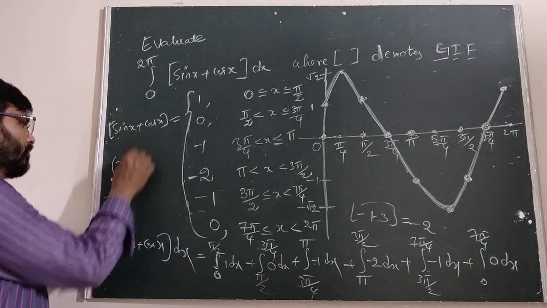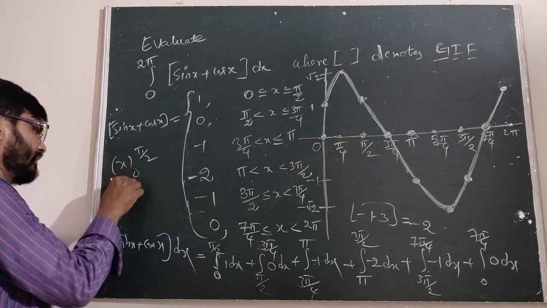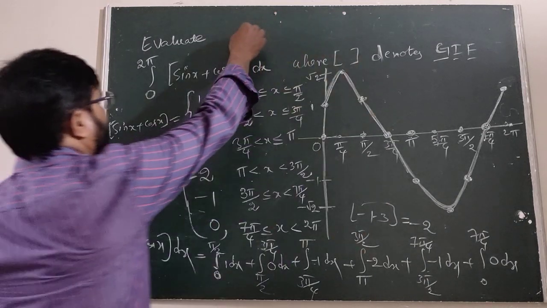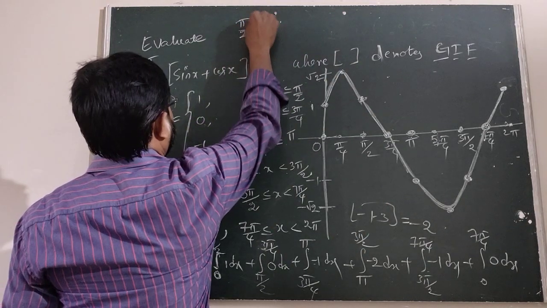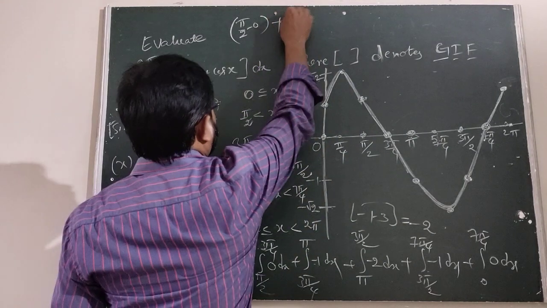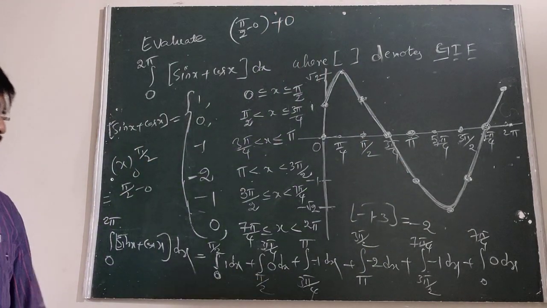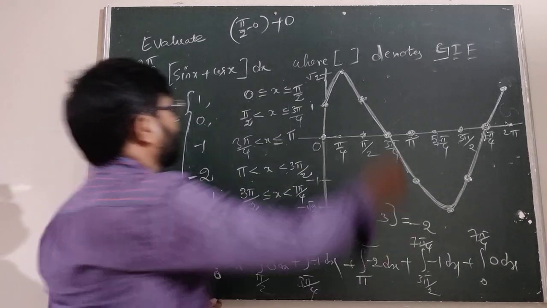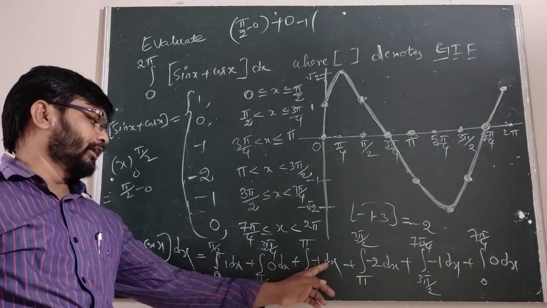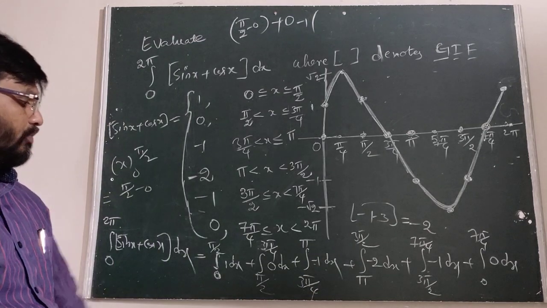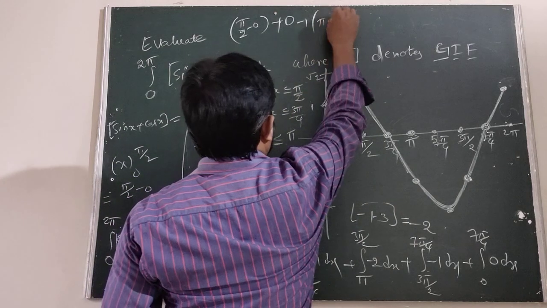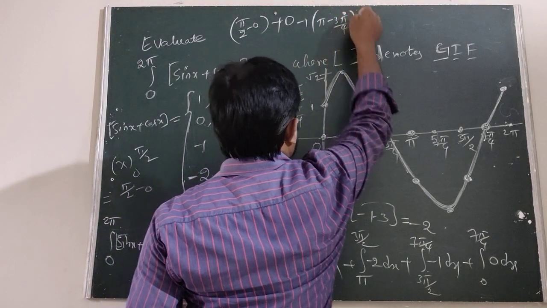Therefore, the limits of x means pi by 2 minus 0. After that, it will be 0, so 0 into 0. Now this is minus 1 into, the integral of 1 dx is x, x means pi minus 3 pi by 4. That is pi minus of 3 pi by 4.